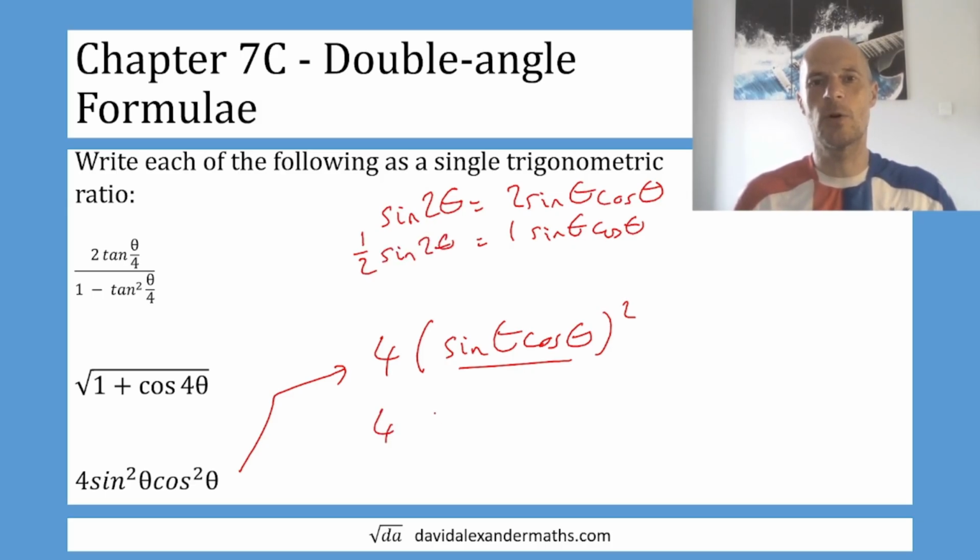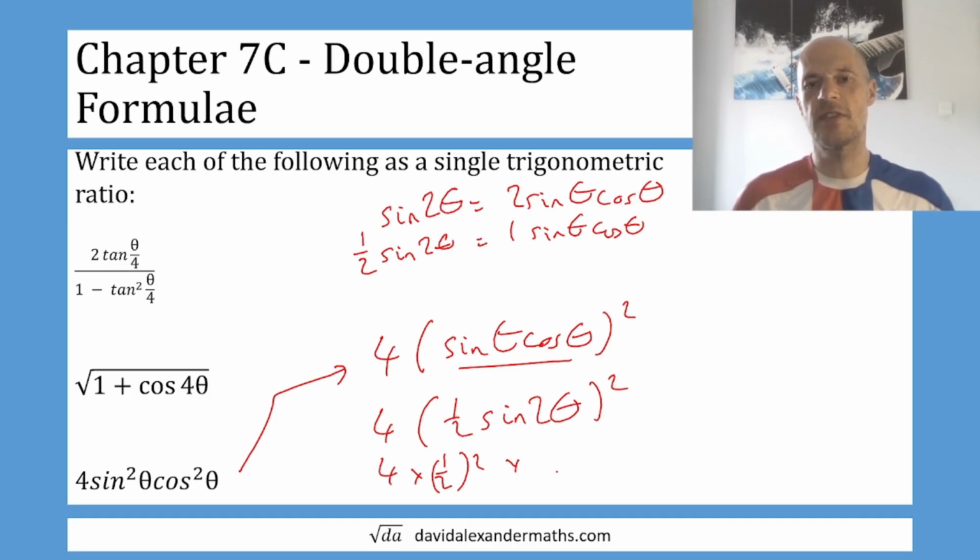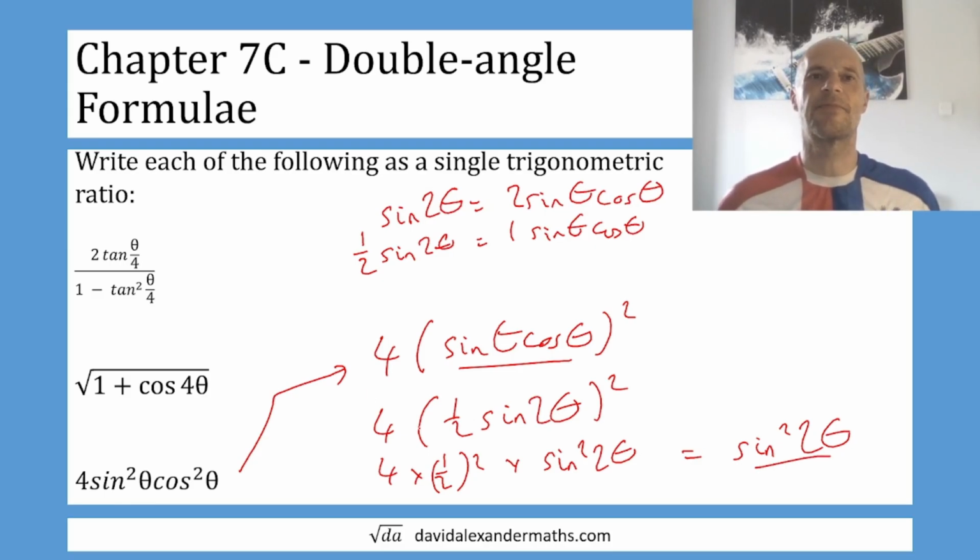So what I have is 4 multiplied by 1/2 sine 2 theta squared. Quite tricky, this one, as I said. So that's 4 lots of 1/2 squared multiplied by sine squared 2 theta. 1/2 multiplied by 1/2 is 1/4, and 1/4 times 4 is 1. So simply this can be written as just sine squared 2 theta. Okay, so yes, pretty horrible ones on that slide.